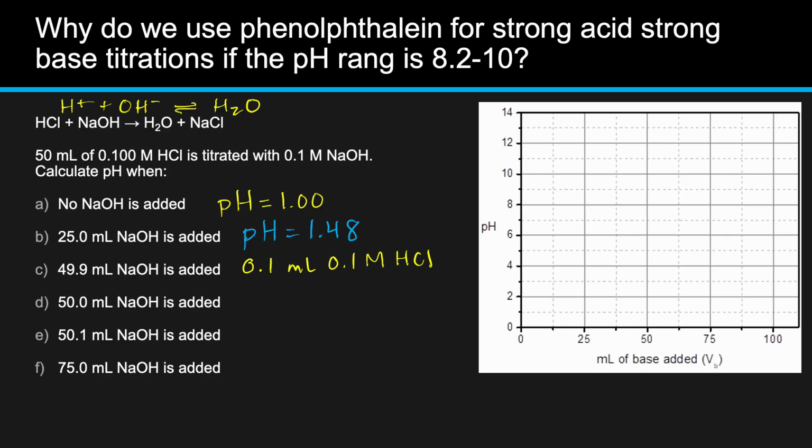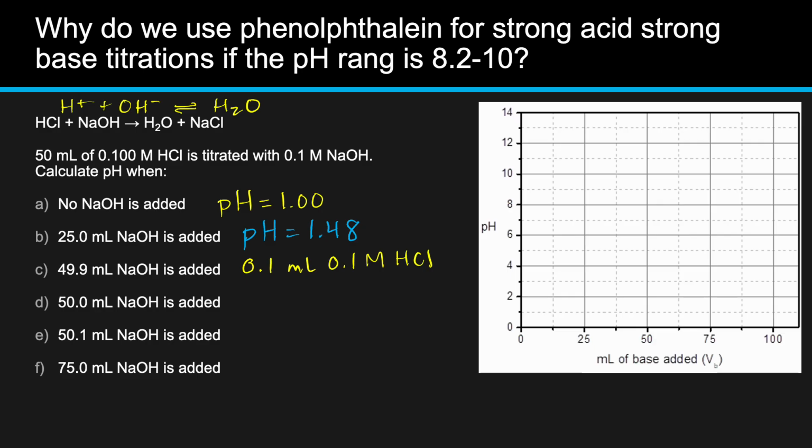So we need to figure out what is the pH when we are literally 1 drop away from our equivalence point. But again, we can assume that we're going to have an acidic pH because we're going to be left over with hydrochloric acid after 49.9 milliliters of it has been neutralized.